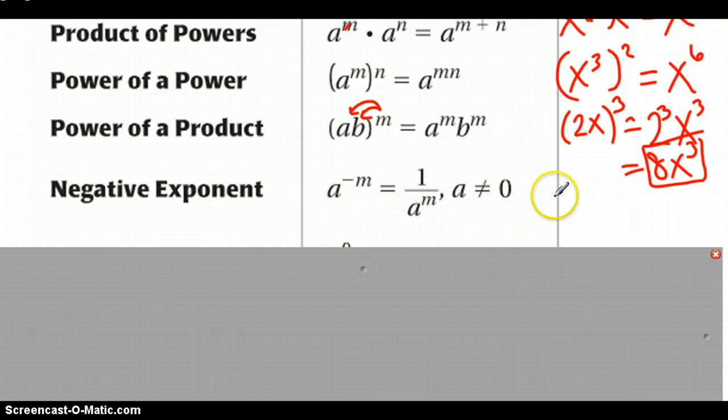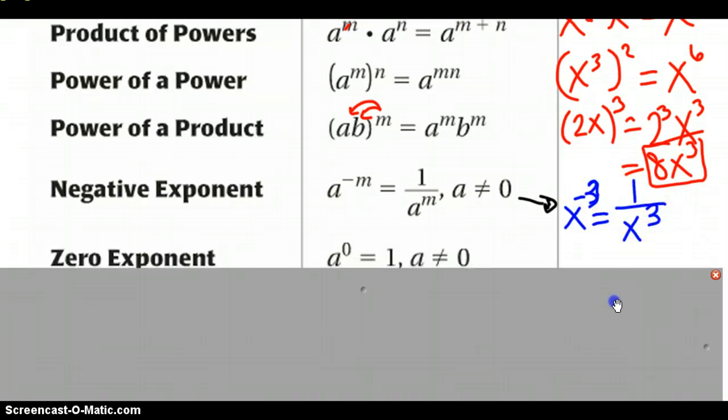For example, let's say you have x to the negative 3rd power. Then you would flip the x, not the 3, you would flip the x. So it'd be 1 over x cubed. And the 3 becomes a positive. When you flip it, it becomes a positive.